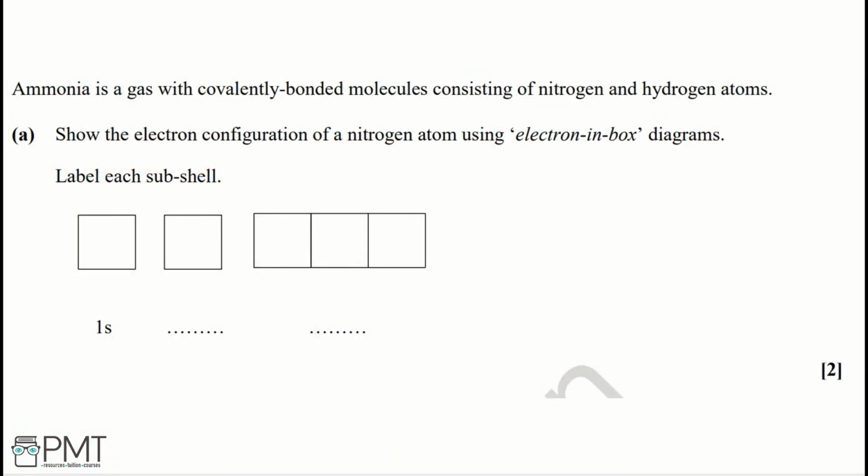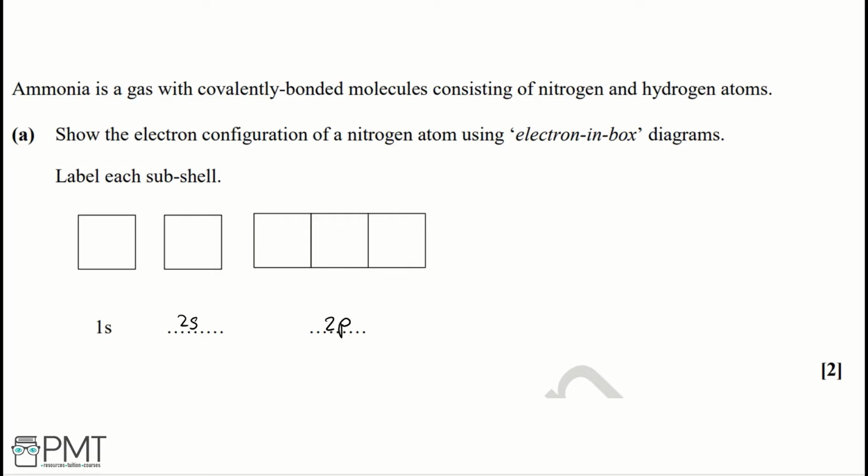Ammonia is a gas with covalently bonded molecules consisting of nitrogen and hydrogen atoms. Part A. Show the electron configuration of a nitrogen atom using electron-in-box diagrams. Label each subshell. The order for which subshells fill, or in the electron configuration how subshells fill, is 1s, 2s, 2p. Nitrogen's in group 5.